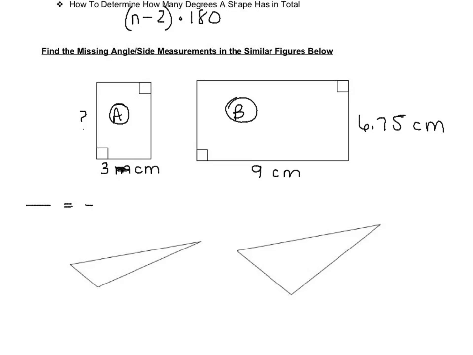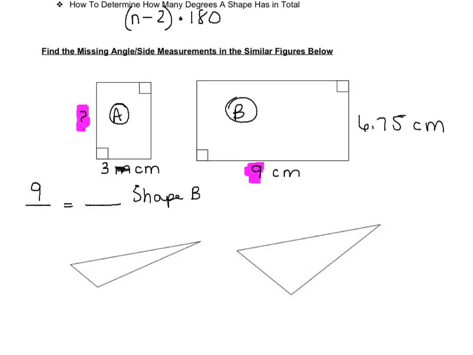So a proportion is looking at basically 2 fractions or 2 ratios that are equal, and we're going to do this just like if we were solving for scale factor. So I have side 9 centimeters right here, and that's going to go on the top because this is like having shape B or shape 2, and that's going to correspond with our unknown side.